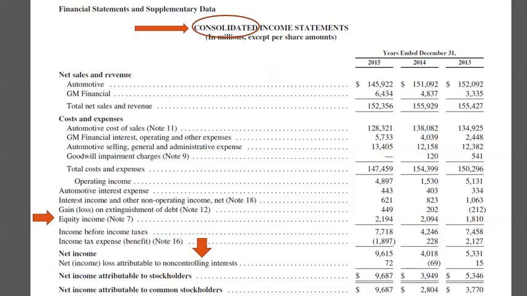And then here we have the consolidated income statement of General Motors, and you'll see something called equity income. That is what we're going to see in chapter 1, and all the chapters actually, but particularly chapters 1 through 4, we're talking about what happens when we use this equity method, something that you might remember we talked about a little bit in Intermediate Accounting 2, and we're going to pick up there in chapter 1.